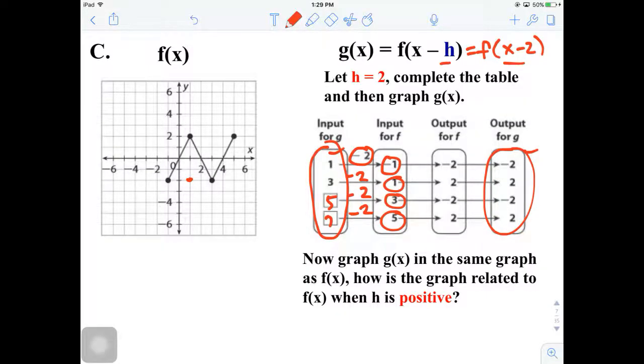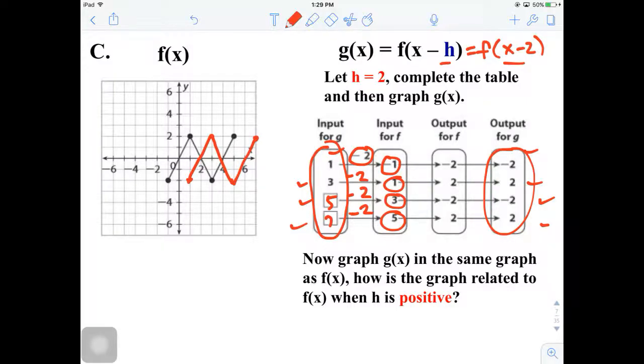Then we got 3, 2. So 3, 2 is here. And then we got 5, -2. And 7, 2. Which is like right there. So we're going to follow the same pattern that we drew, which is the letter N. And this is what the new graph looks like.